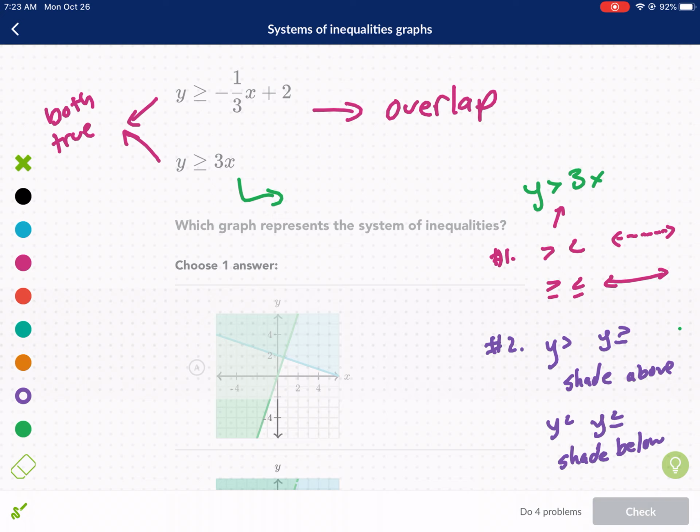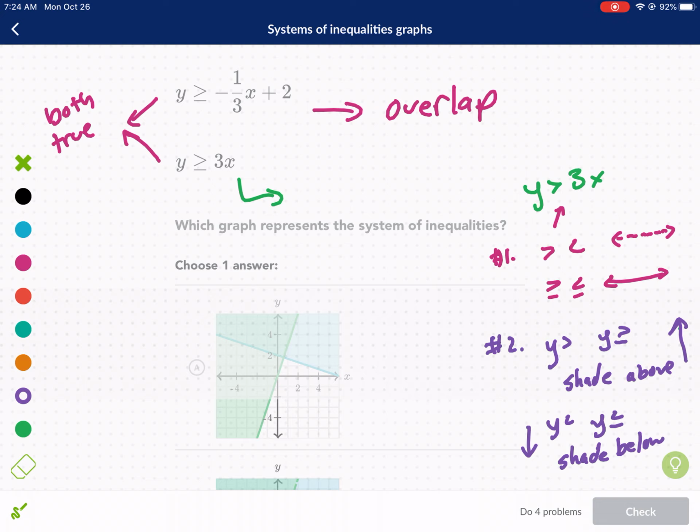That's because we're talking about the y values, the vertical values up and down, and if it's less than, we're thinking down. If we go smaller y, we're talking about going down on the coordinate plane. If we're shading above, y is greater than, we're shading up. Okay, so those are our two clues.